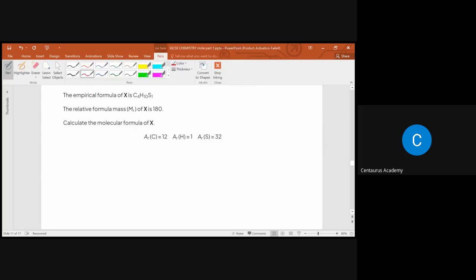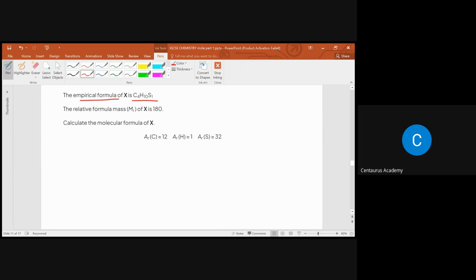If you look into this question, the empirical formula is given to you. Okay. Yesterday, if you remember, how do we find out the empirical formula? We first use the mass, which is given to us, or the percentage composition by mass divided by their relative atomic masses or their molar masses to find out the number of moles.